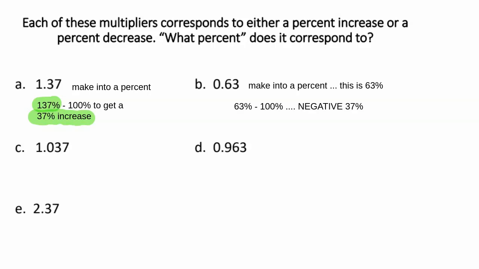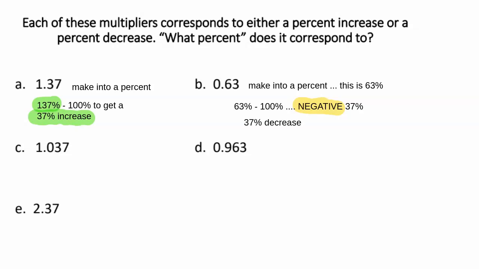But this is where we have to interpret. Remember? Interpret. Negative is saying I have a 37% decrease.